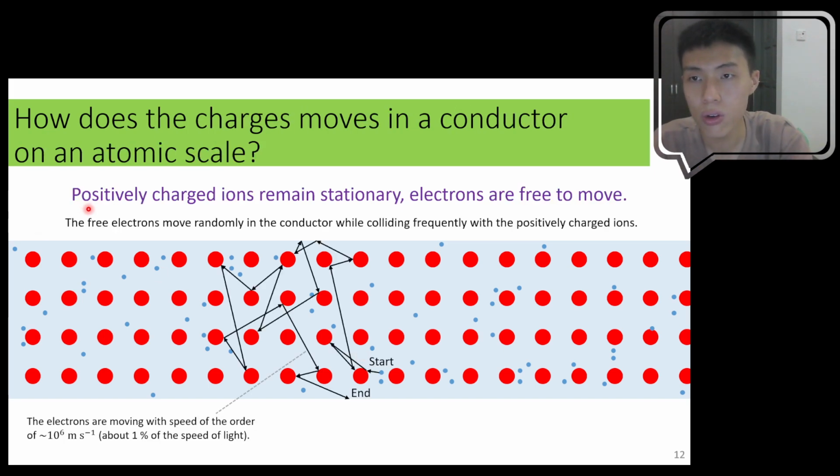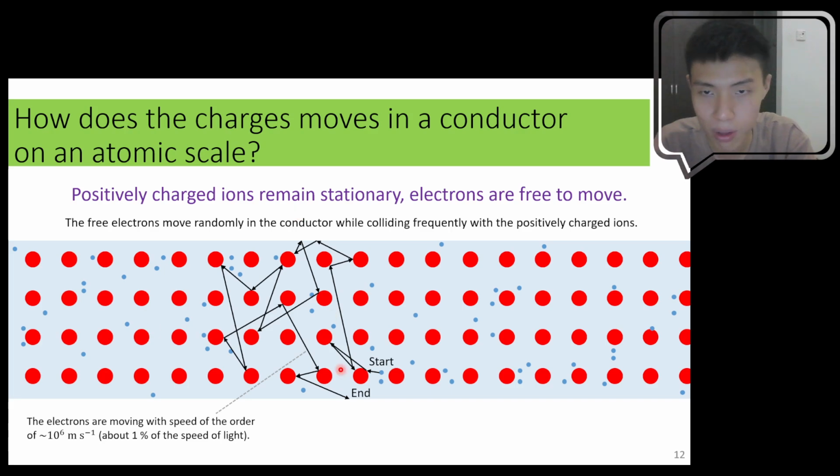The free electrons move randomly in the conductor while colliding frequently with the positively charged ions. The electrons are actually moving very fast, at about 1% of the speed of light. If it starts here, it bounces, bounces, bounces, and after some time, it actually just moves around in its own place.